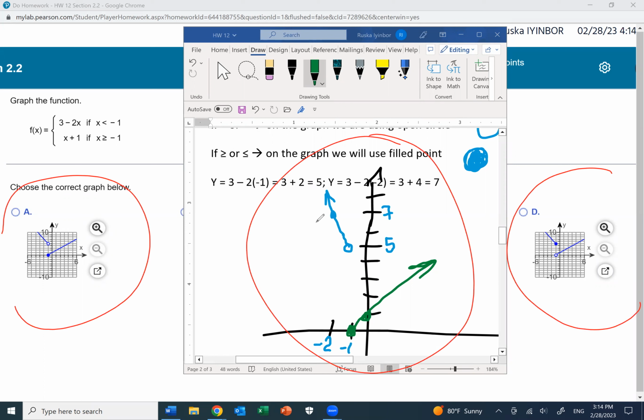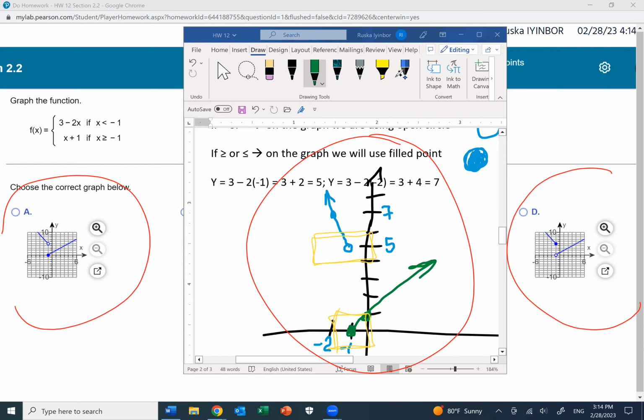So what you have to look at, this is where you're going to be careful, you're going to pay attention to the circles. See, here we have an open circle, and here we have a closed circle. Both of those graphs look the same. The difference is between those two circles.